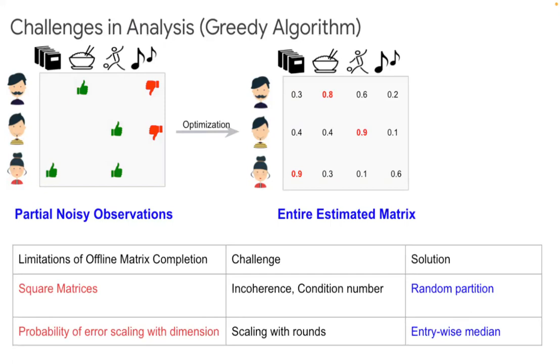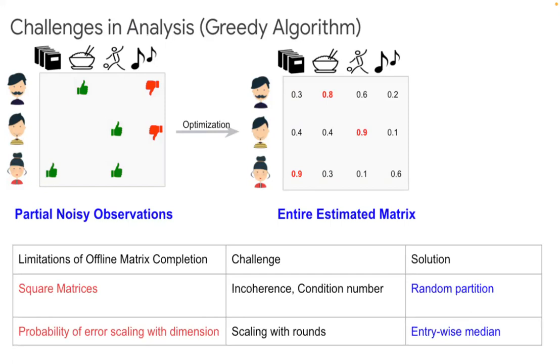Again, let me reiterate that the low rank matrix completion algorithms work under a certain set of assumptions, and one of them is called incoherence. What does incoherence mean? Incoherence means that most of the entries of the low rank matrix should not be 0, because otherwise the partial set of noisy observations might not give you any information about the unobserved entries.